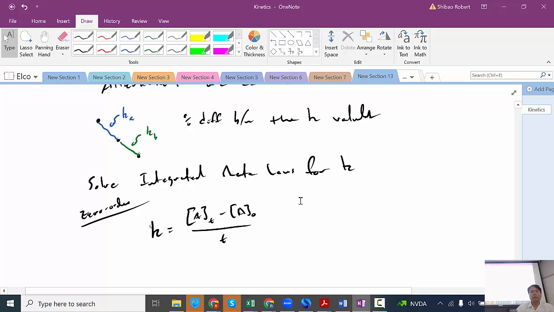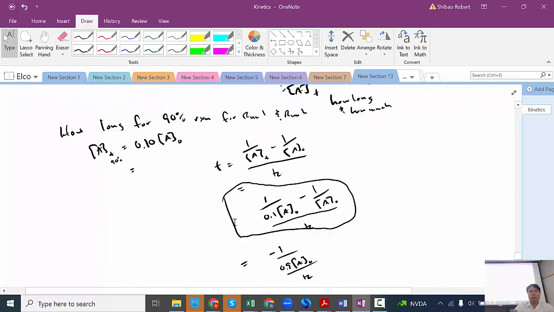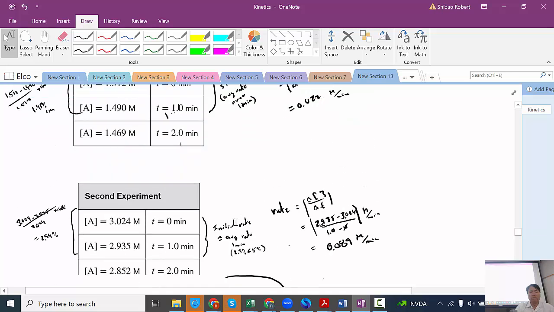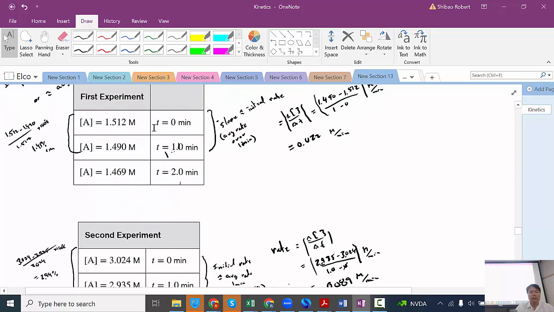Okay, then we go with K for segment A. So we'll try this here. K for segment A: the initial was 1.512. What was the final? Go back up here and look. So the initial is 1.512, the final is 1.490.